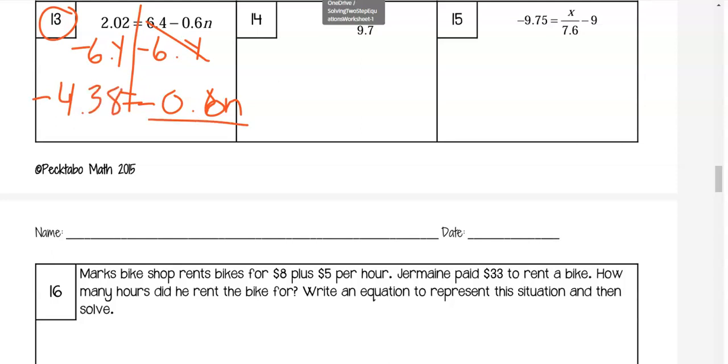Okay, I'm now going to just divide both sides by negative 0.6. And I'm going to get positive 7.3. Oops, that's a 3. 7.3. Okay, so same thing, but with decimals. Like I said, we are going to learn how to get rid of those decimals and eliminate them, so that will help us a lot.